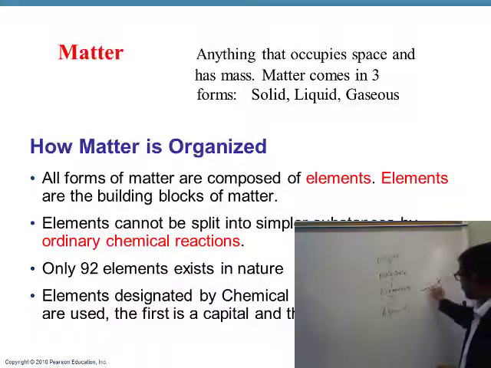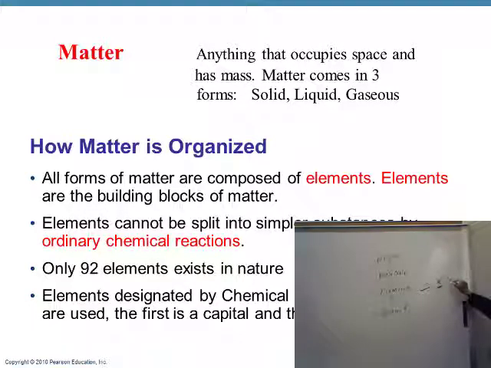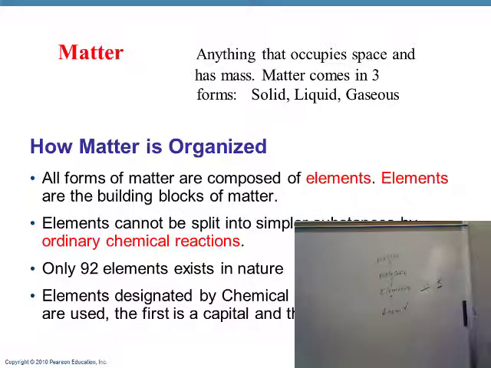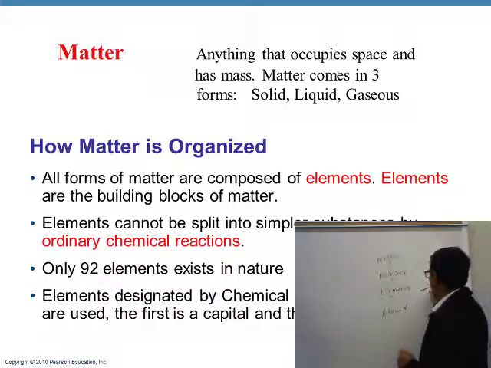If we use two letters, the first one we use uppercase, the second one lowercase. For example, sodium, N, A. N is capital, A is lowercase. Same for calcium. Okay, so that's how we indicate the elements.